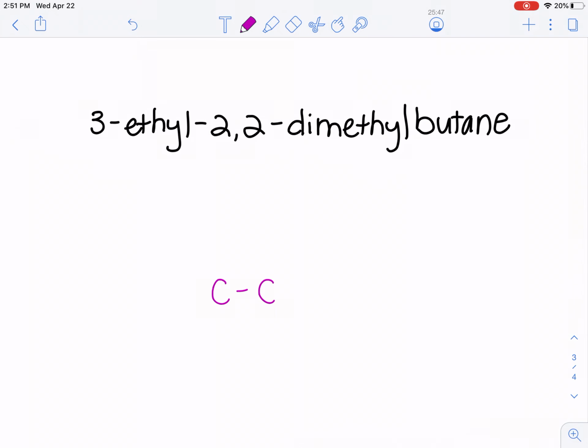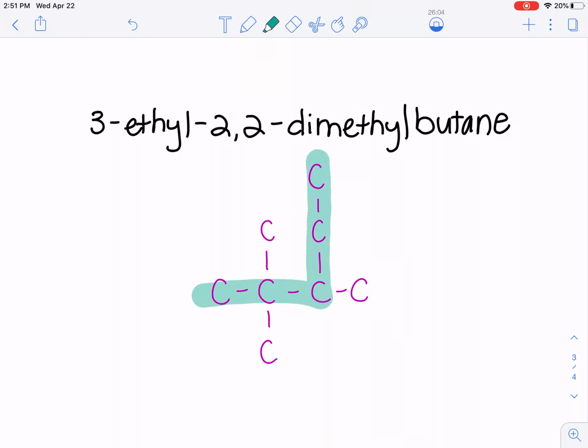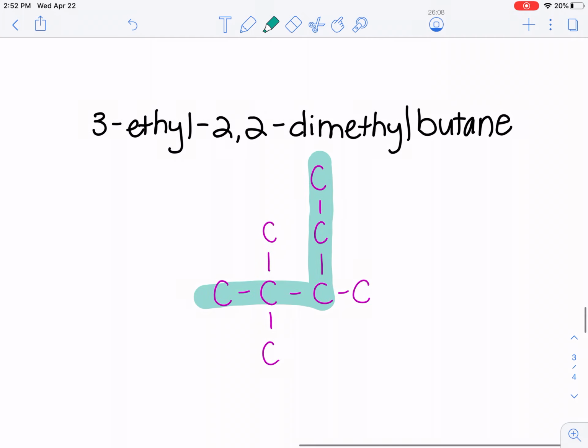Okay, butane. 1, 2, 3, 4. On the second carbon, I have 2 methyls, so 1 up and 1 down. On the third carbon, I have an ethyl group, which is 2 carbons long, which means I also made a mistake here because that now is the longest chain. 1, 2, 3, 4, 5.